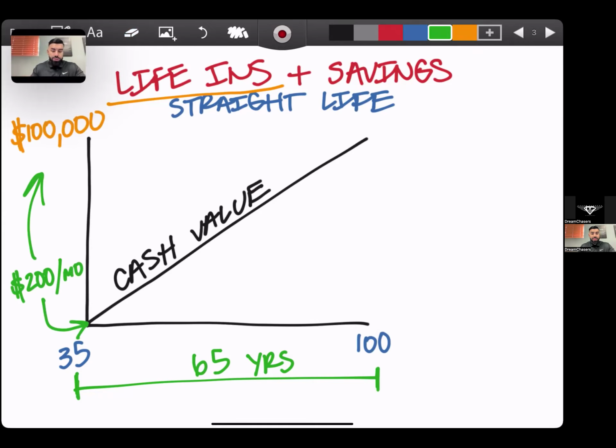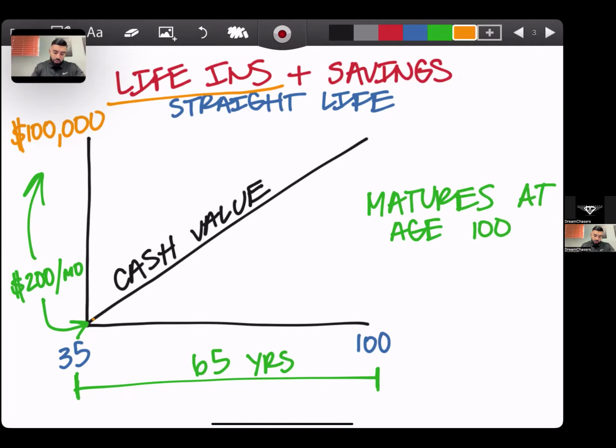So as you're paying this policy every single month for the next 65 years, when they say it matures at age 100, it means that what you've accumulated in this cash value will grow to what your coverage was, the $100,000.